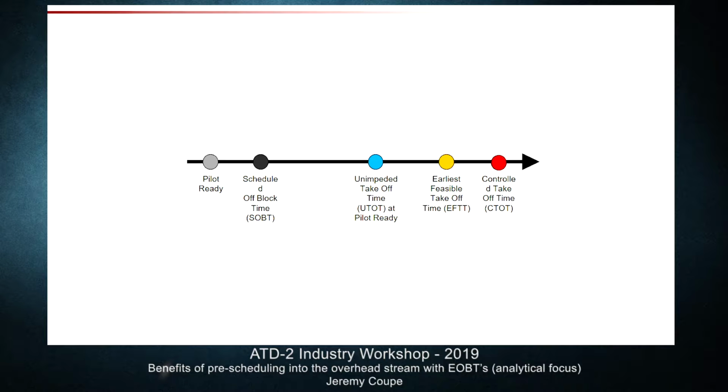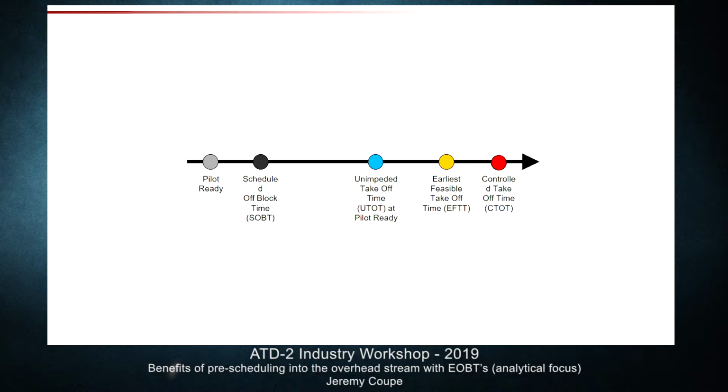Then if the pilot is ready, say here at the pilot ready time, and we leverage our internal model under the hood that tells us about the unimpeded taxi time, you can take the pilot ready time plus the unimpeded taxi time, and you get what we call the unimpeded takeoff time at pilot ready. So again, it's benchmarking the unimpeded taxi time to the pilot ready time, and that's essentially saying, we think that if you're ready here and nobody else is on the surface, you could take off right here.